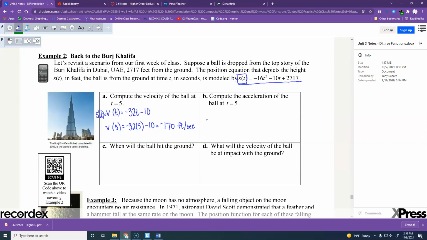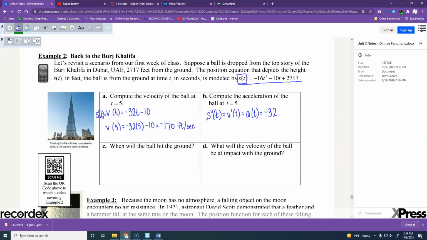Alright, if we want to find the acceleration in part B, what do we have to do? Derivative of the velocity. So I could call it s double prime of t, or I could call it v prime of t. So I could say either one of those. You don't have to put both. And that equals a of t, which is going to be just negative 32.